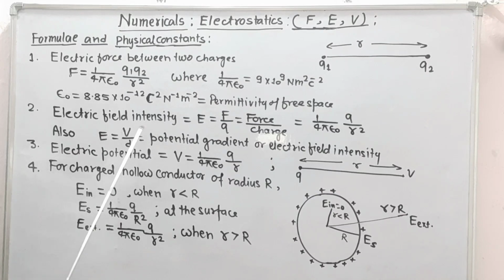Also electric field intensity is known as electric potential gradient, which is the ratio of magnitude of potential difference and distance. So SI unit of electric field intensity is Newton per Coulomb as well as volt per meter.